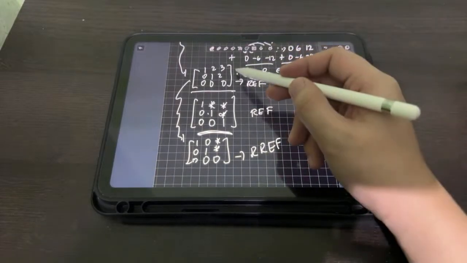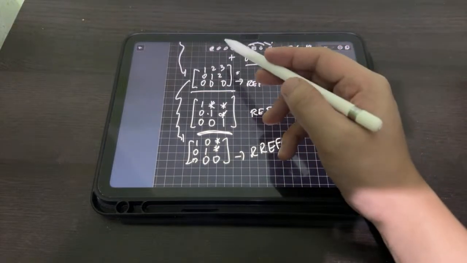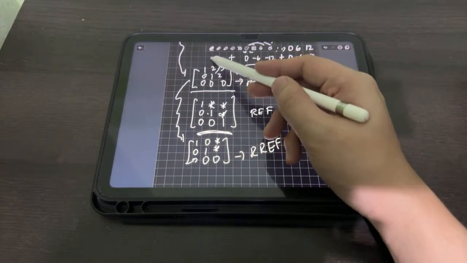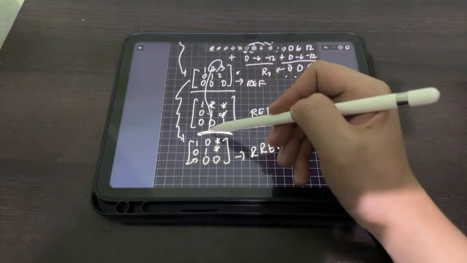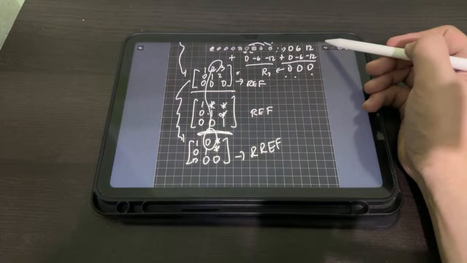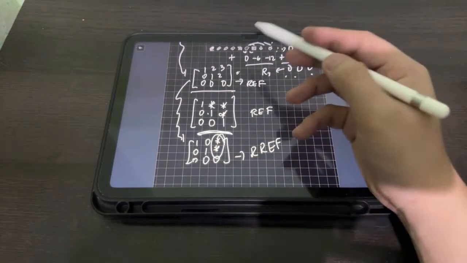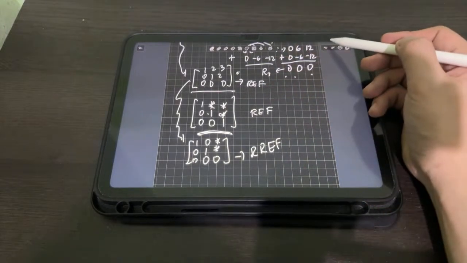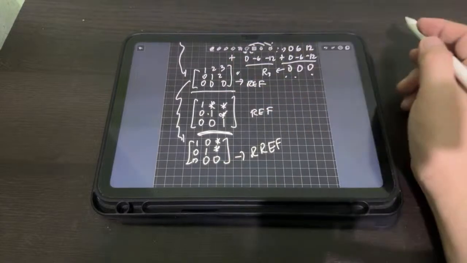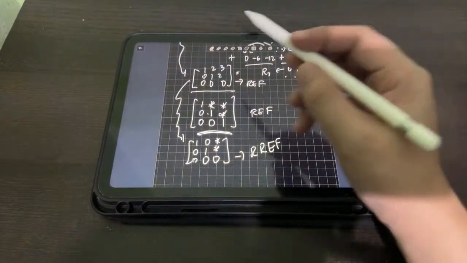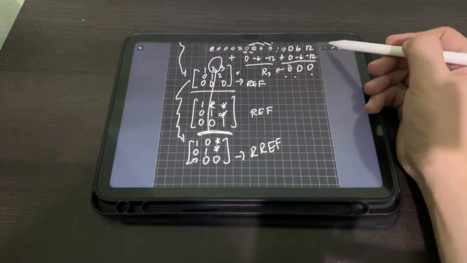For this REF, we need to only transform this to 0, right? Again, in this RREF form, these two asterisks can be any constant depending on the operations that we will perform. So we just need to perform one last elementary row operation to transform these two to 0, right?